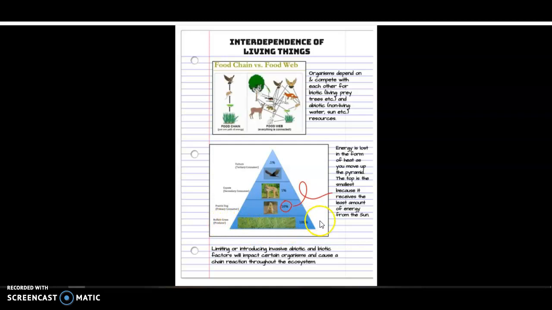So at the bottom level, we start out with our producers, because they are going to capture 100% of the energy that we receive from the sun, and they convert that energy into a usable form for all of the other animals in the ecosystem. So the plants, once they get eaten by primary consumers, those animals, typically herbivores, are going to use up 90% of that food energy to live.